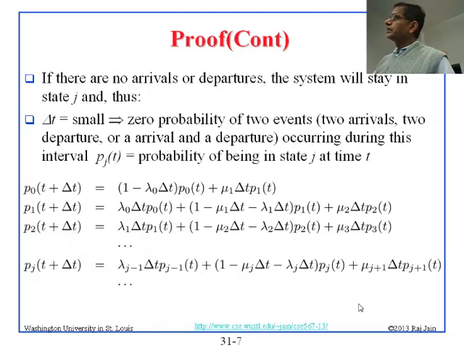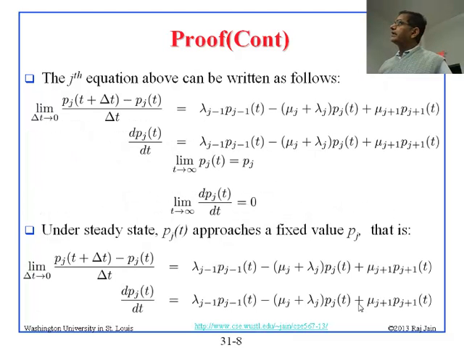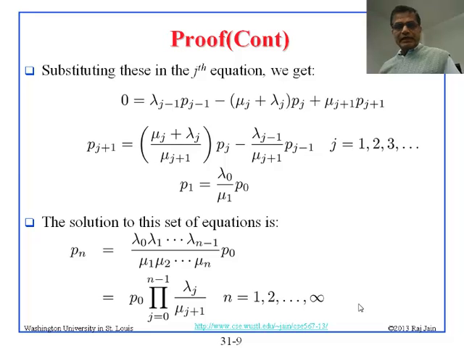So P0 at t plus delta t, you bring P0 at t on this side and divide by delta t. Then you get an expression which says dP upon dt is this value. And under steady state dP is 0, and therefore this whole thing is 0. So you can write down that expression.